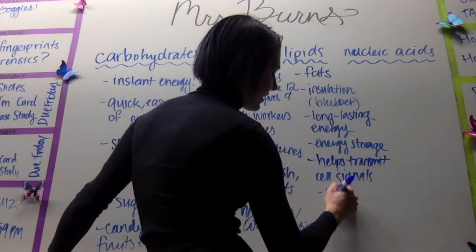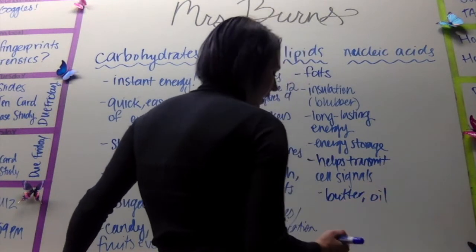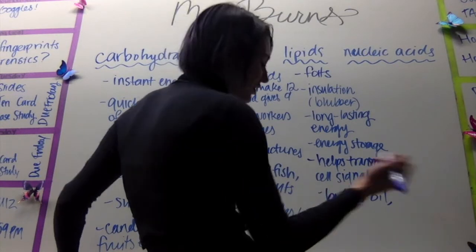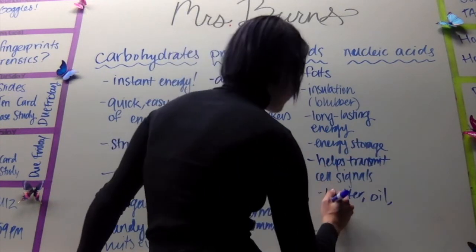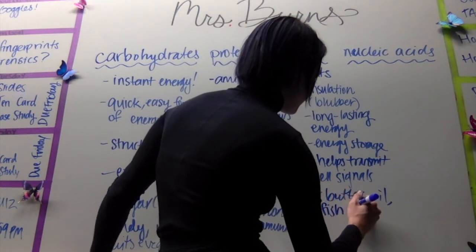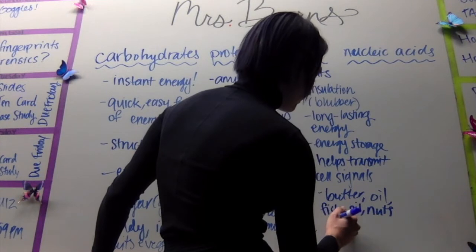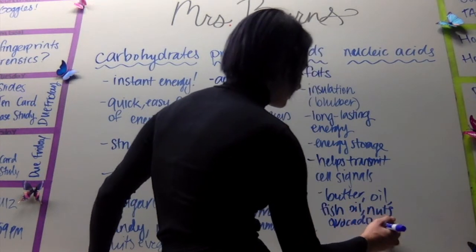Anything that's like a fat, like butter, oil, things that are really greasy, like French fries and chips, which have fat in them. But there are also healthy fats like fish oil, nuts, avocado. Those are all healthy fats too.